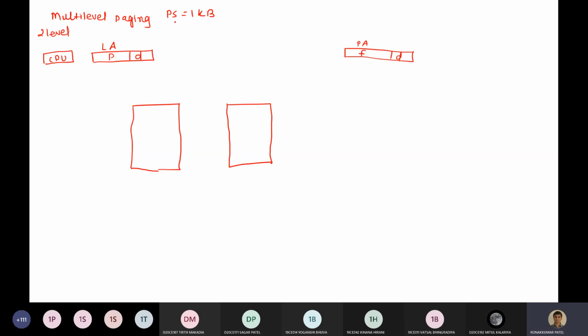Right? So now we'll make a group of it. Page size of 1 KB. So assume that you have only one page right now. From here you are searching this index, from here you are getting the frame number, and you have this page table. So what you will do, you will start dividing this page in this size, 1 KB.